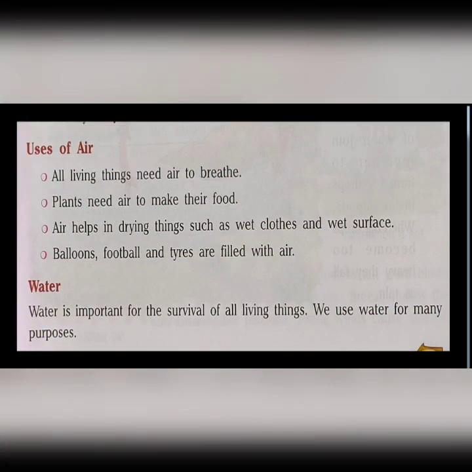Now next let us move to the uses of air. All living things need air to breathe. It is very important. Next, plants need air to make their food. Carbon dioxide gas is needed by plants for making food. Then air helps in drying things such as wet clothes and wet surfaces.